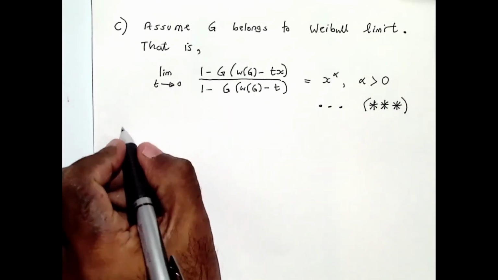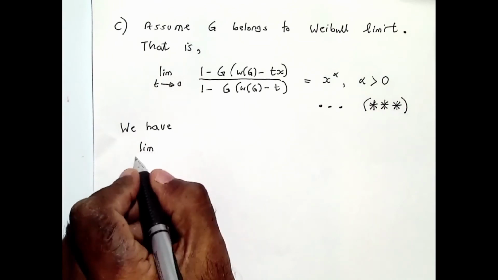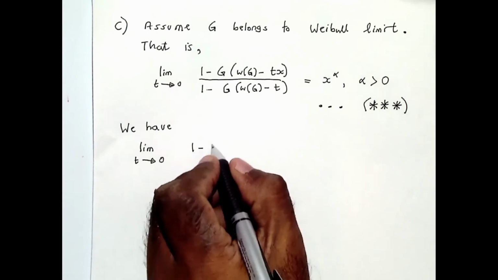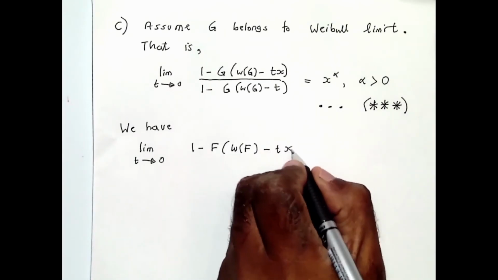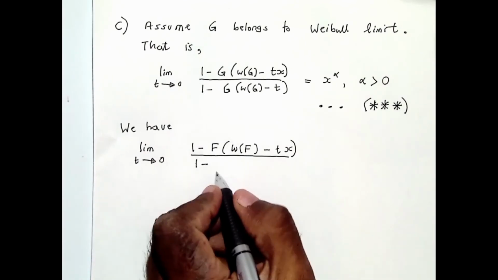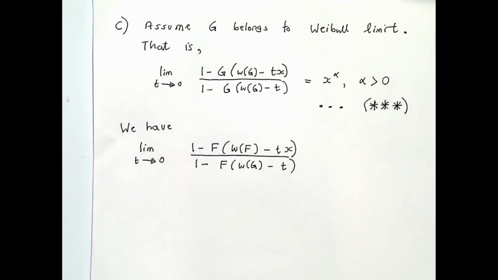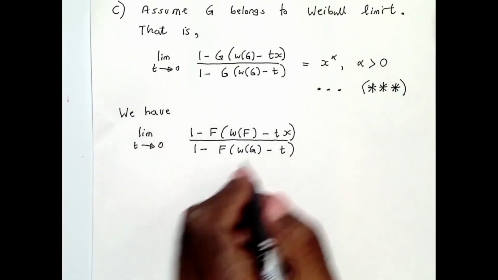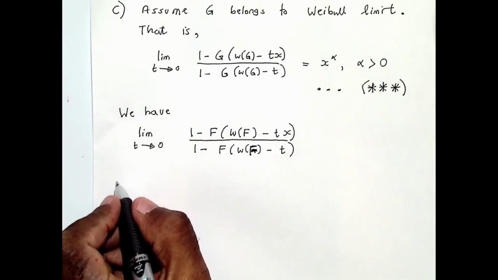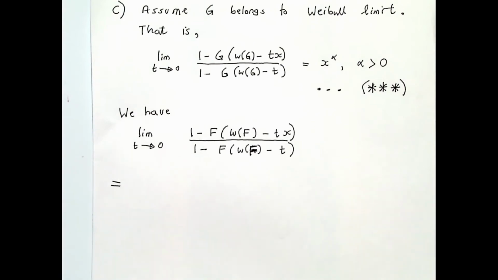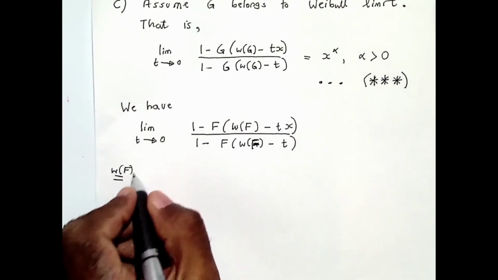So this is what I'm going to look at. Well, this should be F, guys, not G. Now, in the first step, I'm going to replace the W of F by W of G because we are assuming, as I said before, that the two are equal.